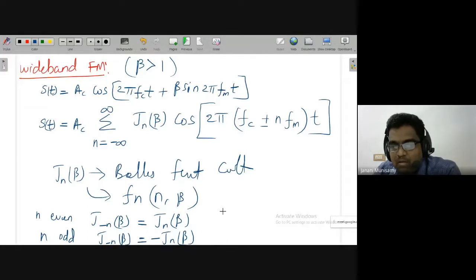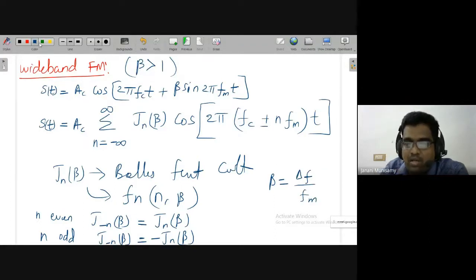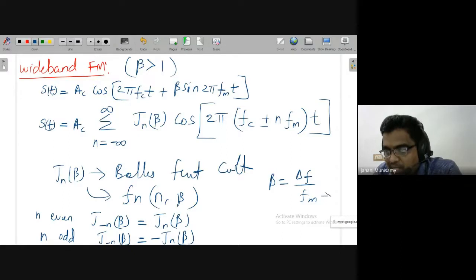Okay, but one thing here, for a given communication, we have defined beta is equal to del f divided by fm. For a given communication, fm is fixed, the maximum frequency is fixed. Again, for a given communication, they will fix del f. What is del f?